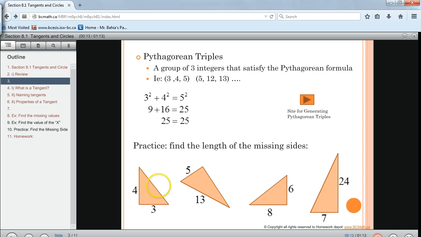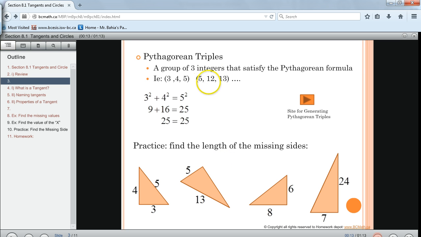Really quickly, to show you what the missing sides for these would be, I'm not going to go through it all in detail. It's actually not a bad idea to memorize these because it saves you a lot of time when you see them. 3, 4, 5. That's the same triangle or situation there. The 5, 12, 13, like I said. What do you think this side's going to be?